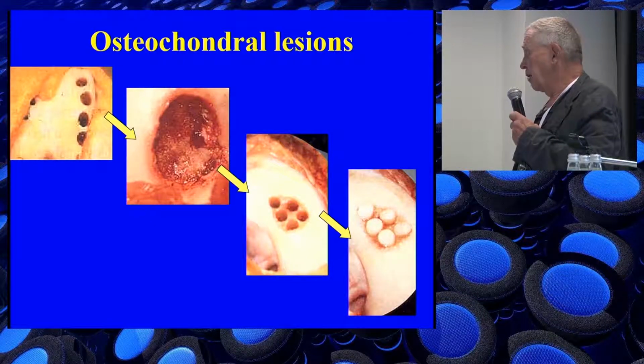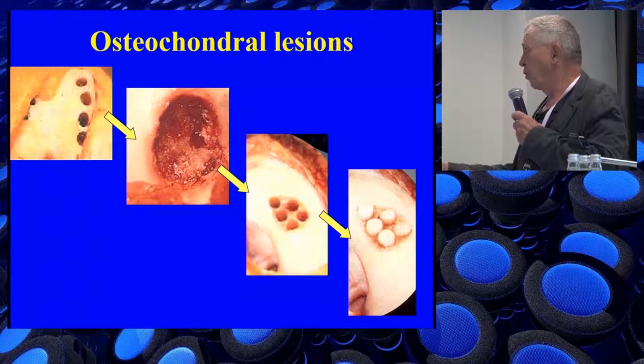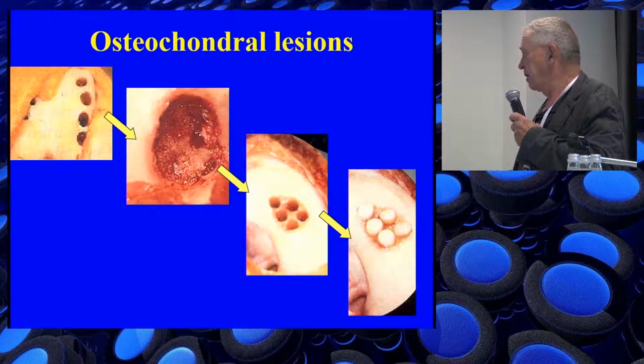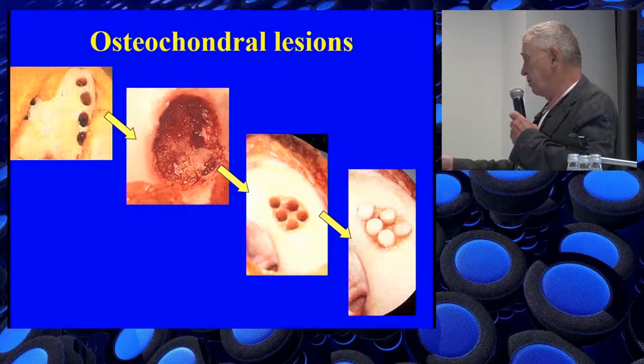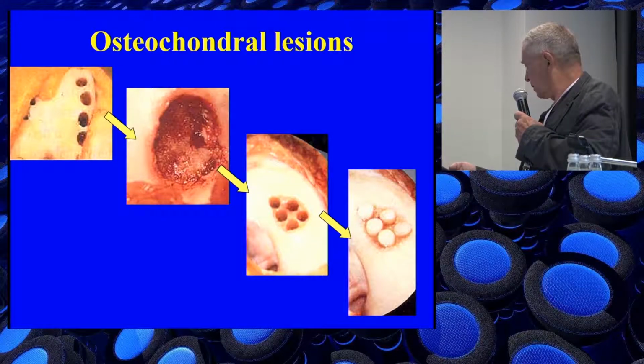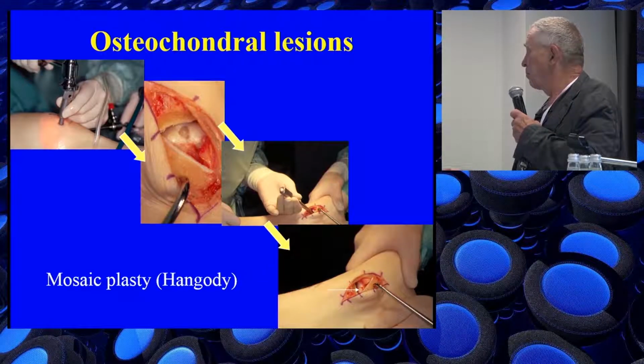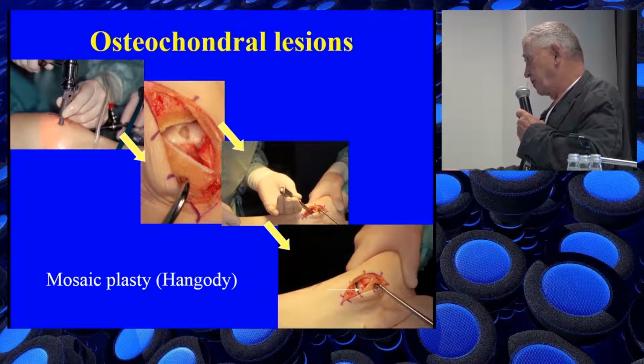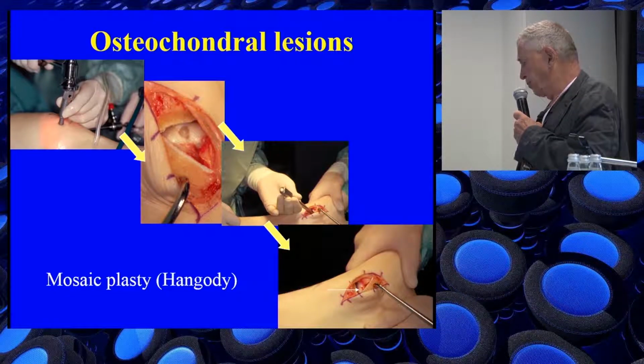You have this Hangody method, where you take small pieces of bone cylinders from the knee and make burr holes in the ankle joint, and put these to form a surface as good as possible.